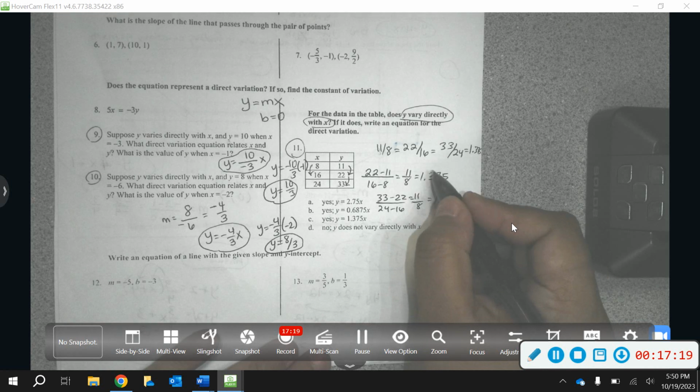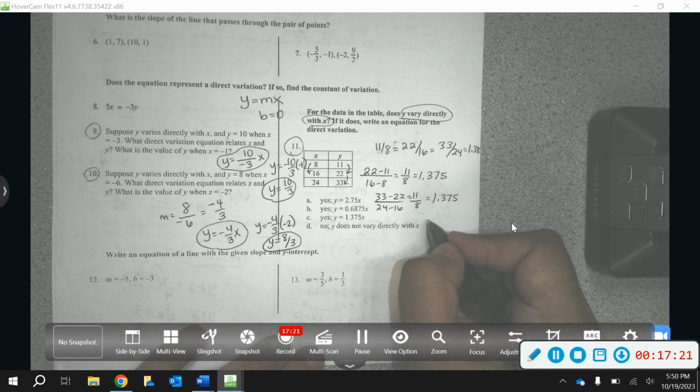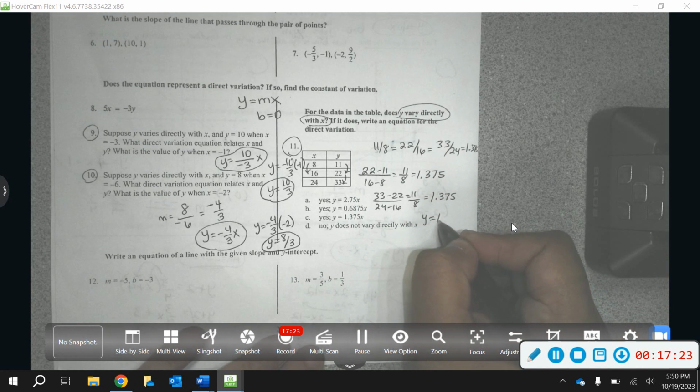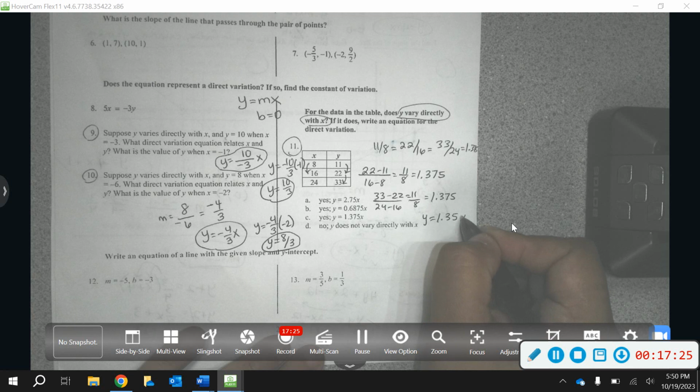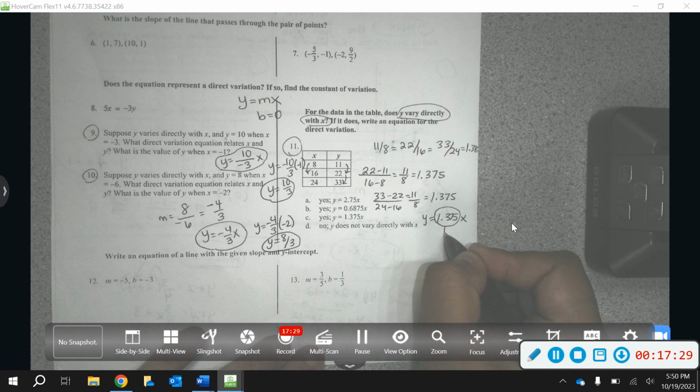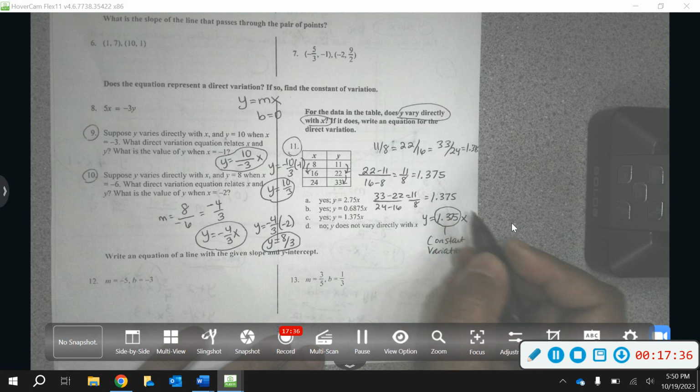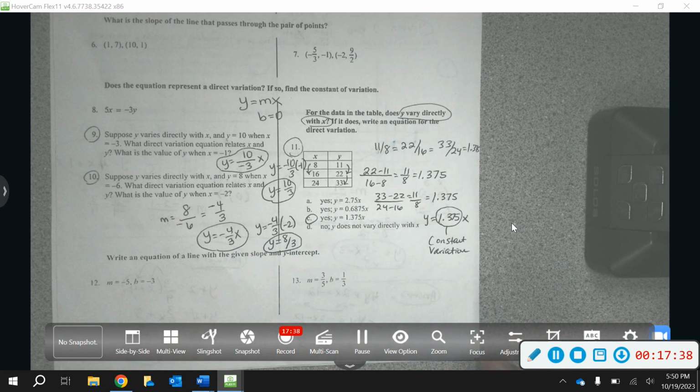My slope never changes. So y is equal to 1.375x, where 1.375 is my constant of variation. Okay, so my answer is C.